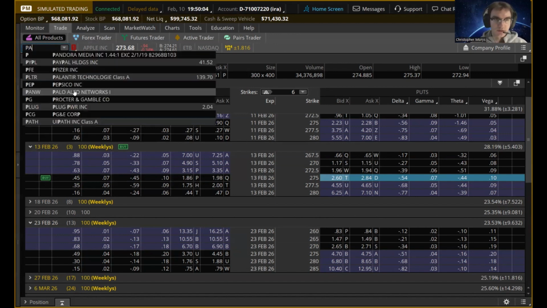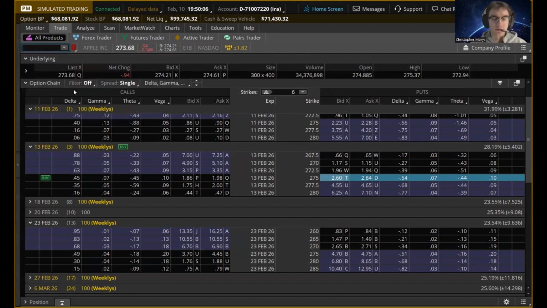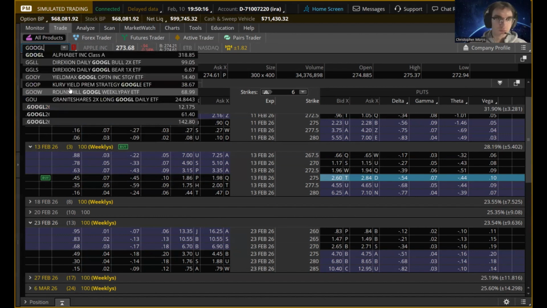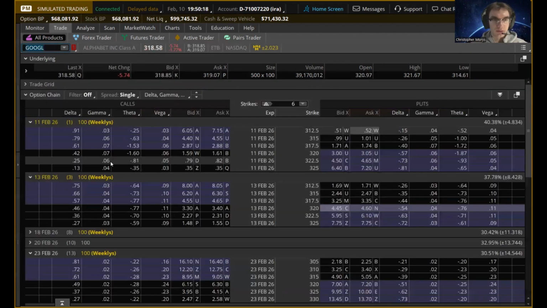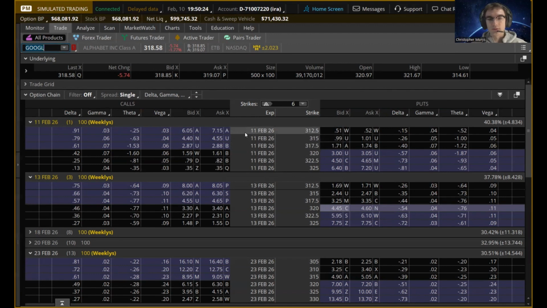Just go with Palantir again. Maybe not Palantir. Another stock. Let me just think quickly what I think will go down. Oh, Google. I love Google as a stock. However, at 318, I believe that's way overpriced.